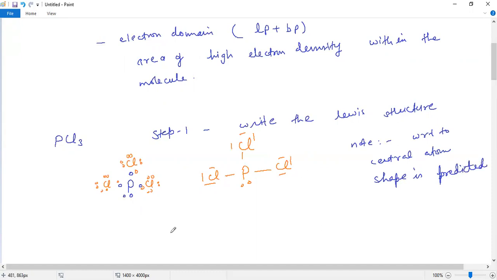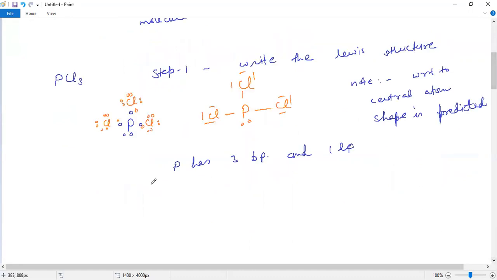All right, so here let's count the electron pairs of phosphorus. Phosphorus has 1, 2, 3 bonding pairs of electrons and just one lone pair. So the total count of electron domain is 4.